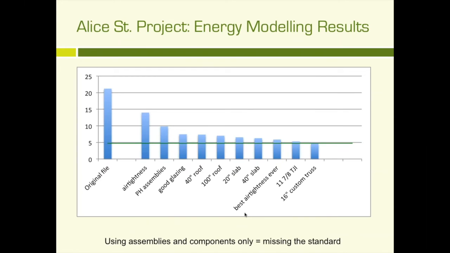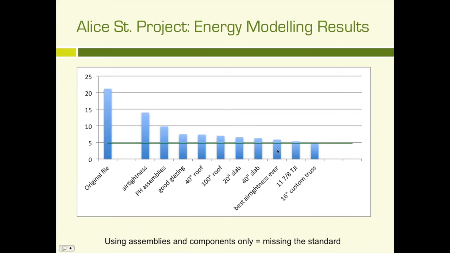And so Mike Anderson, who works with me and does a lot of the energy modeling, made this little table for us that shows, if you could see my mouse, we kind of got down to this level, which was around the 7. And then all those incremental changes of just trying crazy things, like 40 inches of insulation in the roof, made almost no difference; 100 inches of insulation, no difference; 20 inches under the slab, 40 inches under the slab; best airtight ever.